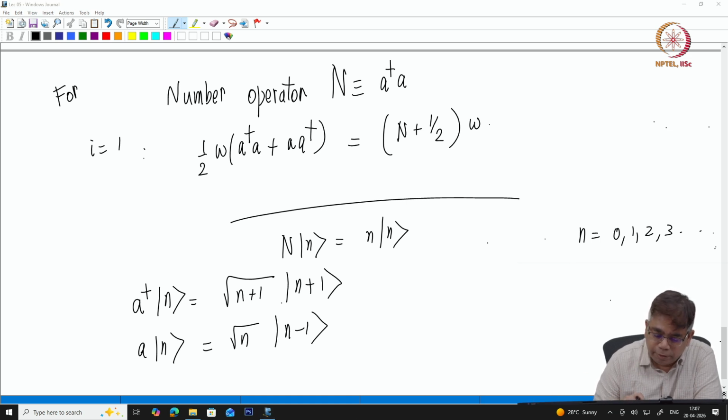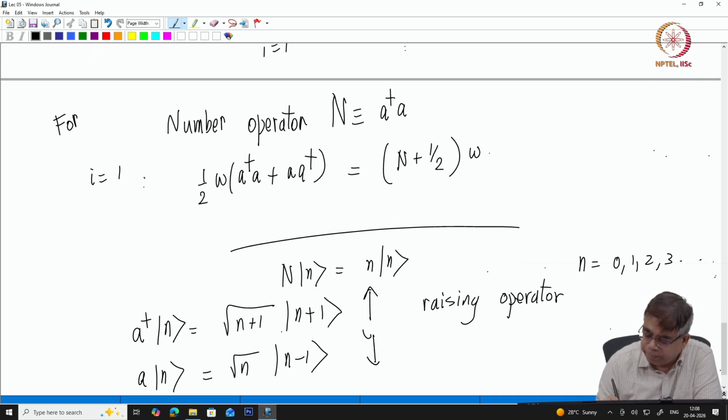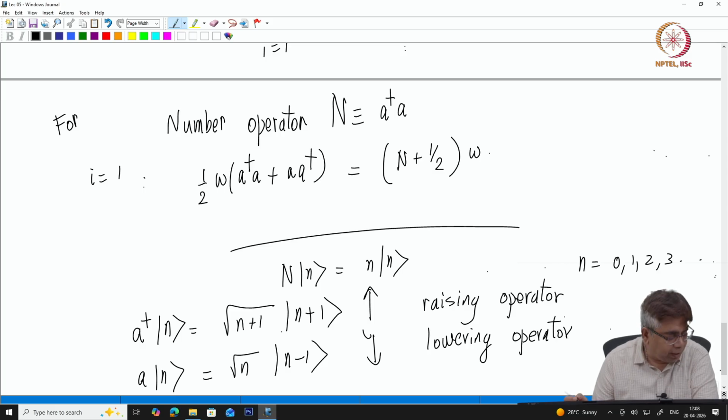Now this a dagger takes you one step above, so it increases the state by 1 and it's a raising operator. All this we know. So here a is a lowering operator. All this we already covered, meaning we revised it in the harmonic oscillator case.